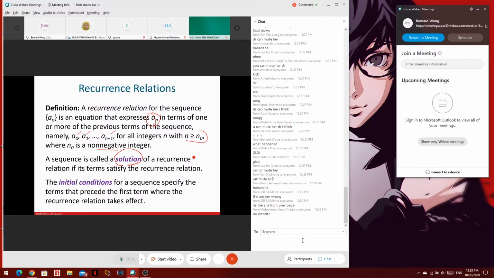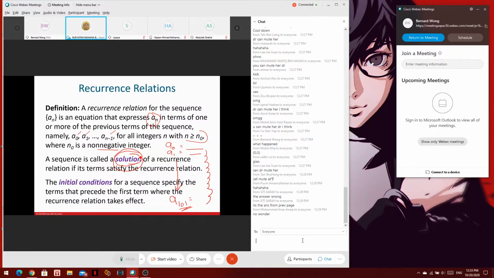Imagine that when you have a sequence, a sequence A0, and then you have the value, and then A1, then you have the value. What if the question asks you to identify the value of A101? Are you going to calculate every single step until you get this? No, right? So this is where you need the solution.